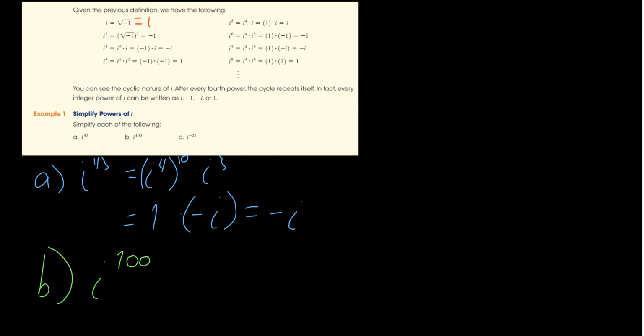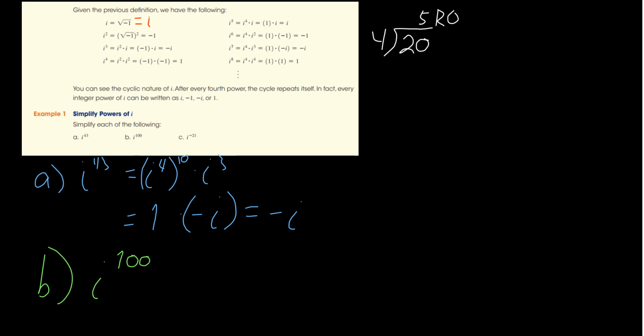Recall, and let's just use a number like 20. If we did 20 divided by 4, that's just 5, and if you recall doing something like this in 3rd grade, you'd say remainder 0.